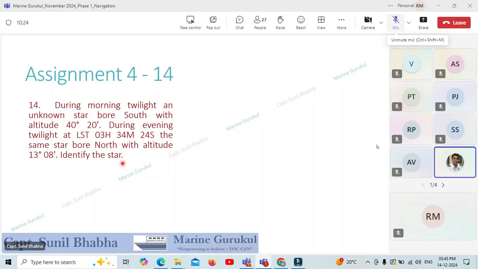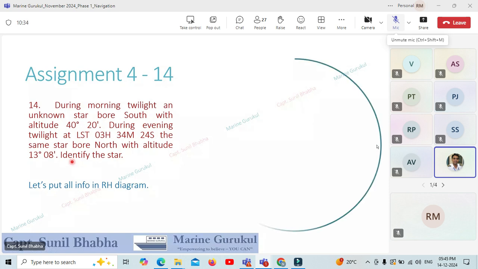Now let's check whether this concept works in this particular question. Let's fit these things one by one. We will first make the rational horizon diagram. You make a circle and show 4 points representing the directions: north, east, south, and west. NESW, these 4 points are shown.